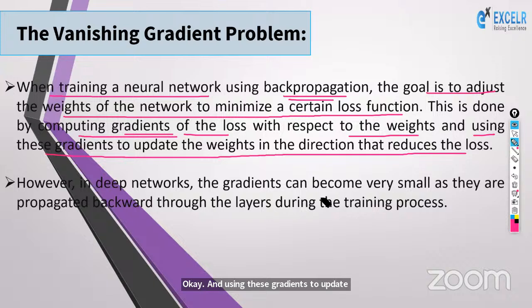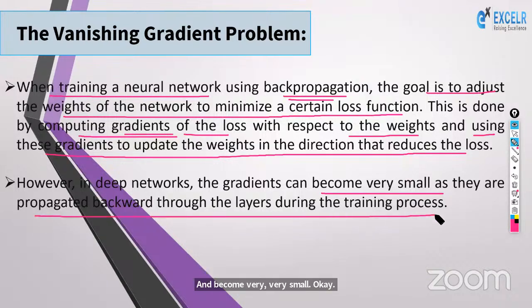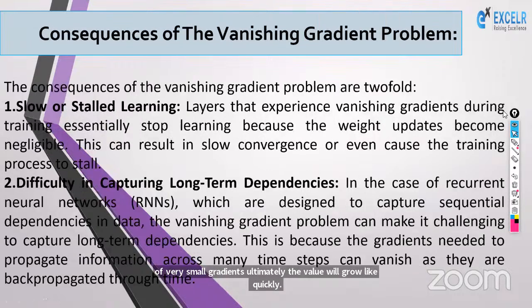However, in a deep network, the gradients propagated backward through the layers during training can become very, very small. If you multiply a number of very small gradients, the value will quickly become very small. That is something we are calling a vanishing gradient issue.